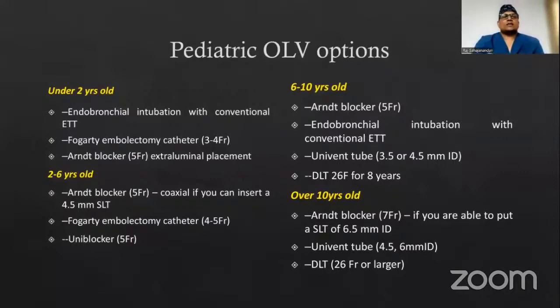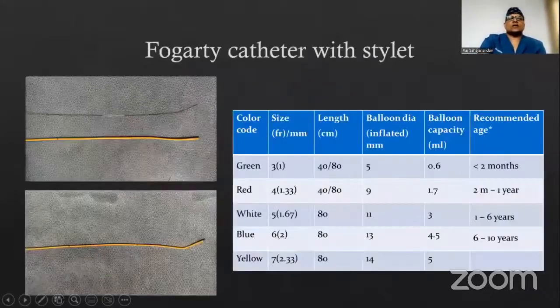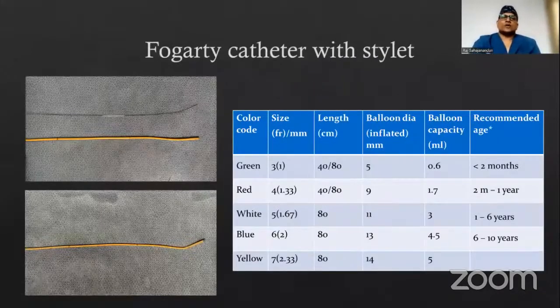Now I'm sure it has changed in all parts of the country, but for the sake of postgraduates, I'll just repeat. So these are the options. I will primarily concentrate on how you do it extraluminally. So we still use a Fogarty, but when you use a Fogarty, try and ask your surgeon for an arterial Fogarty. The importance of an arterial Fogarty is that it comes with a stylet. This is a recommendation.